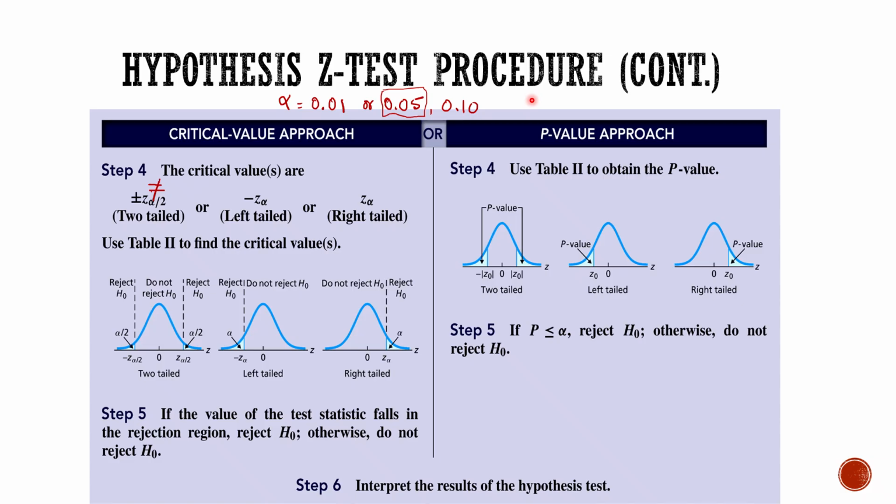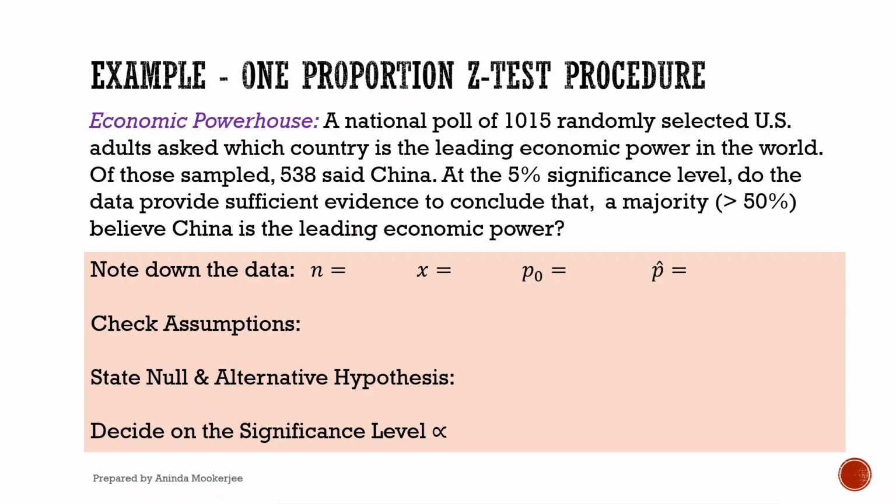So after this, we are going to work through an example applying each of these steps using both approaches, critical value approach and p-value approach, and then taking a decision and finally interpreting the results in context of the question. Here is an example on which we are going to apply the steps that we just learned for performing a one proportion Z hypothesis test.